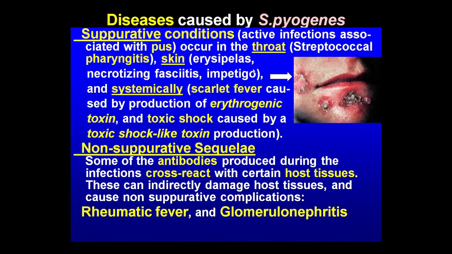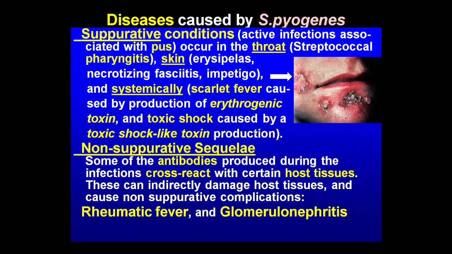Then on the skin, it will cause erysipelas, necrotizing fasciitis, and impetigo that is shown here. And also it may cause systemic diseases such as scarlet fever, because except for pharyngitis, this Streptococcus pyogenes is able to produce erythrogenic toxin, and toxic shock can be caused by this toxin, and that is really a very serious disease.